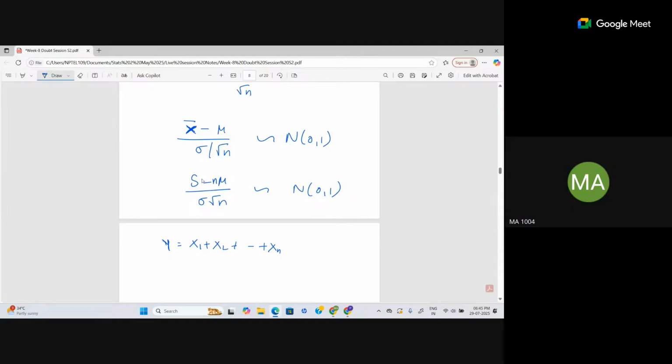If you are taking the summation simply, then it will be n mu divided by sigma root n. So you have to remember those two things, when you are talking about the mean directly, or you are talking about the summation of the variables, like the total of some quantity.